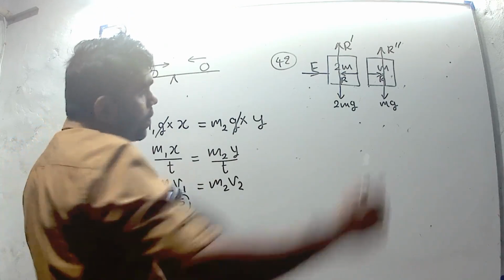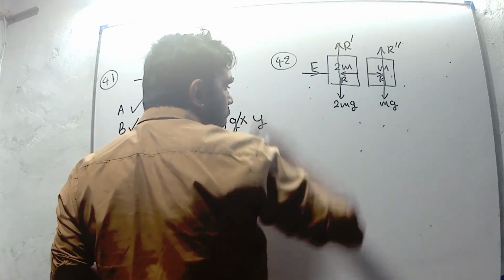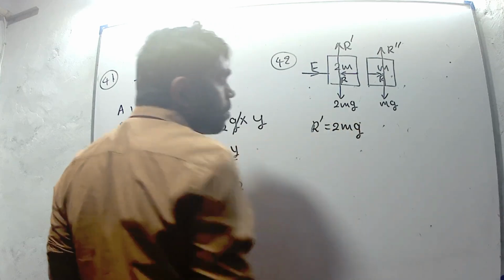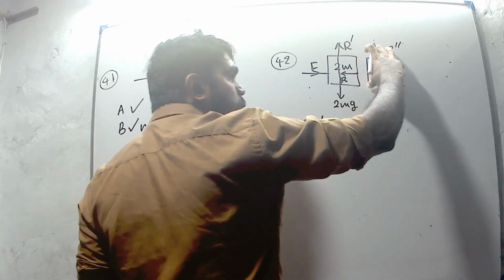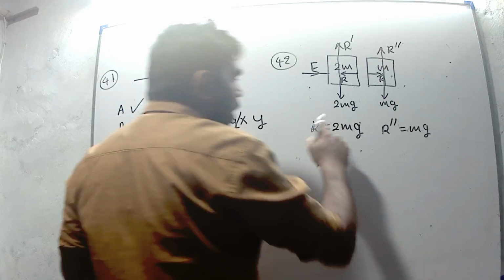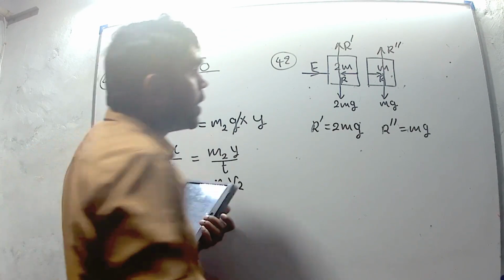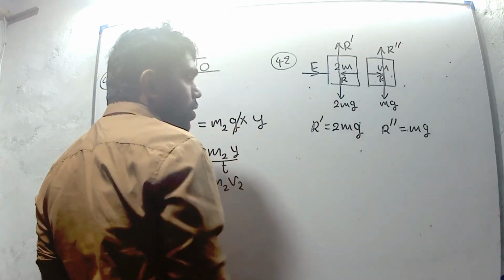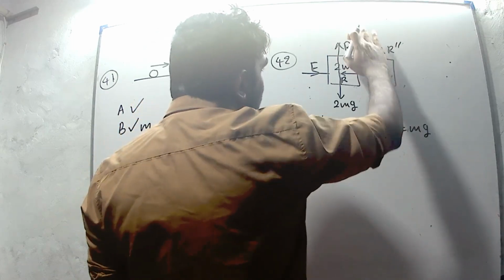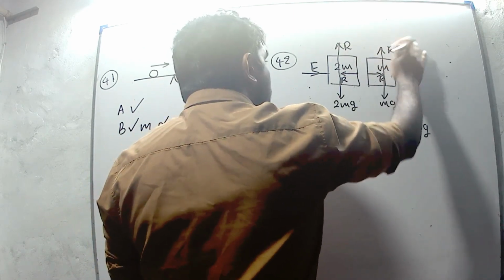Considering vertical equilibrium of the 2m weight, R dash should be equal to 2mg, and for the m object, R double dash should be equal to mg. Comparing these two values, R double dash is half of R dash. They have marked it as R. Then if this value is R, this value should be R over 2.